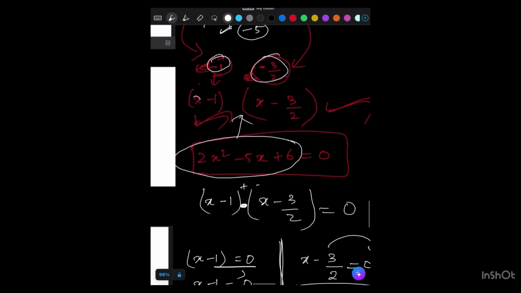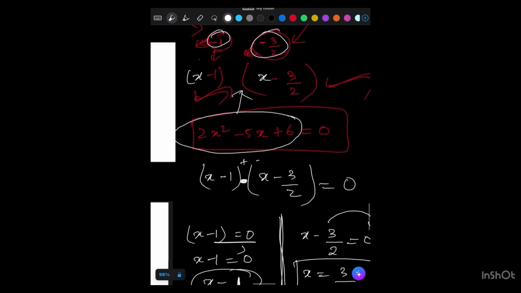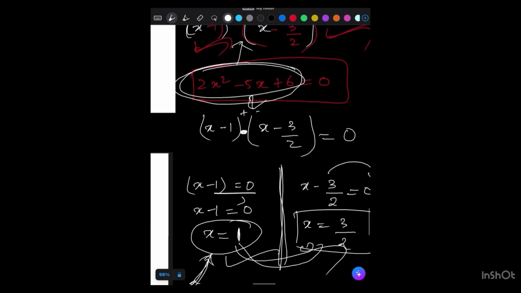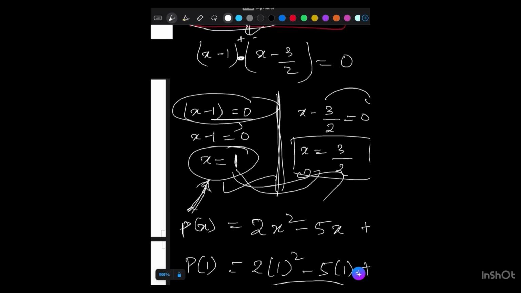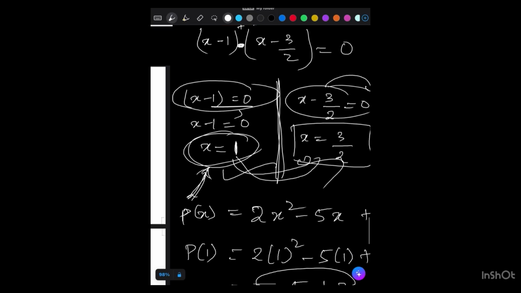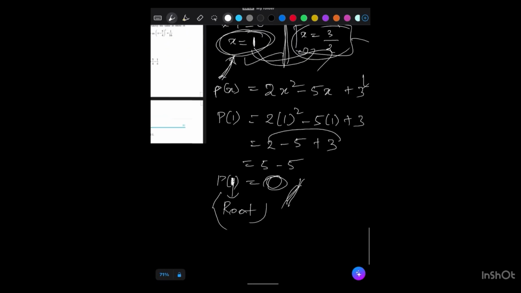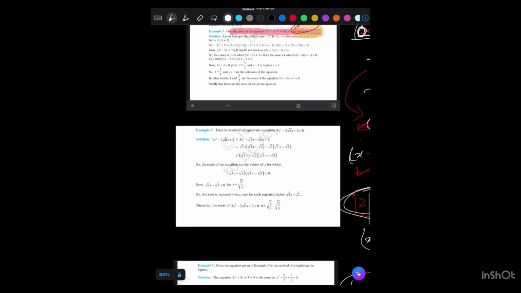Then we equated that with x, because x is given in the question. Then we equated these two terms with the given equation, and then we equated that with 0. Likewise, we got the roots. So this is the factorization method.